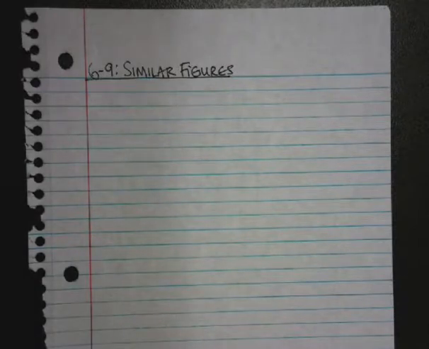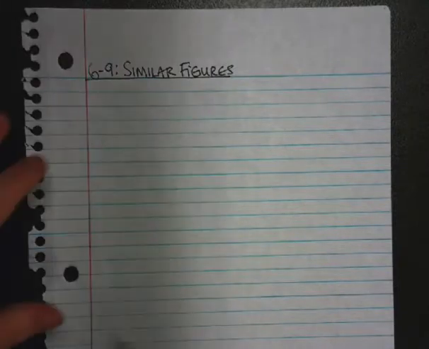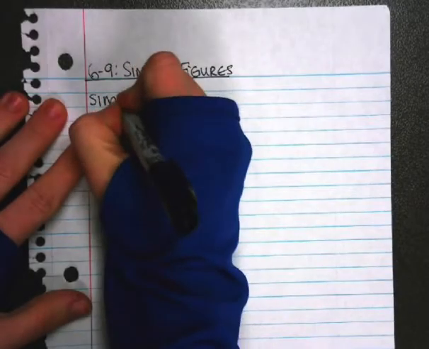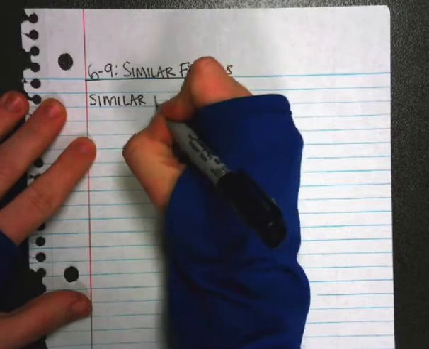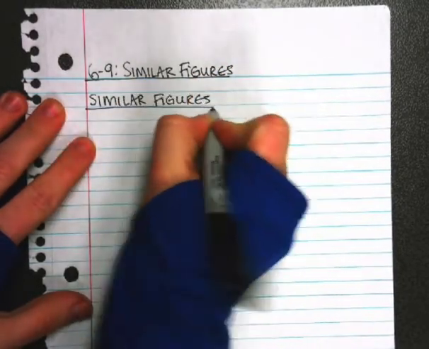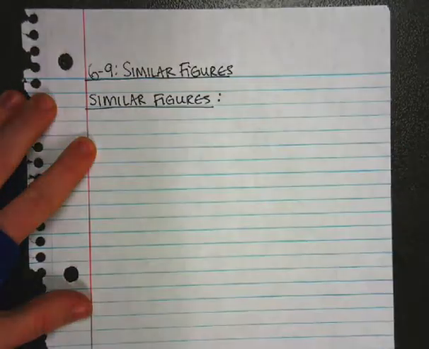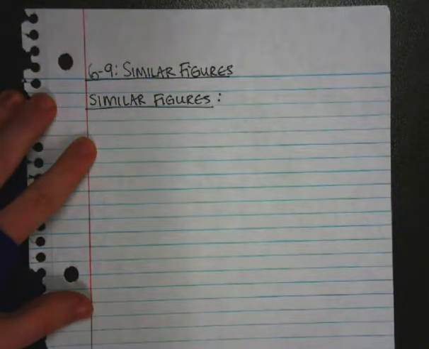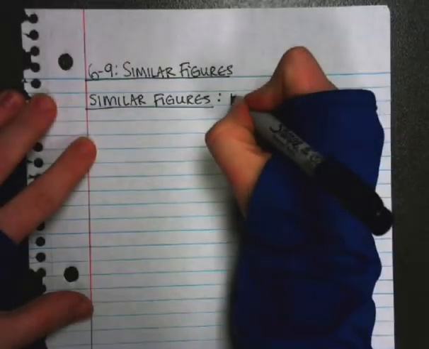So that's where the division from Chapter 6 is going to fit in there. Similar figures are defined as a figure that is either expanded or shrunk, and that's my definition.